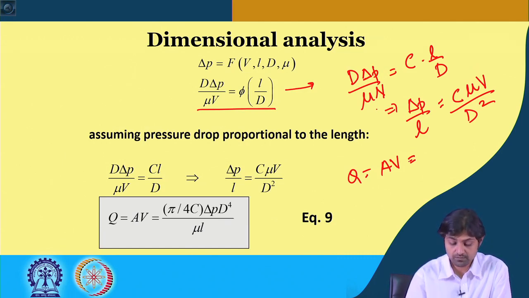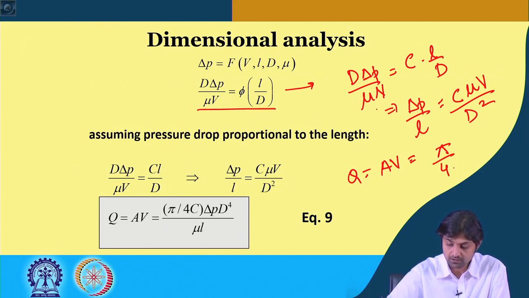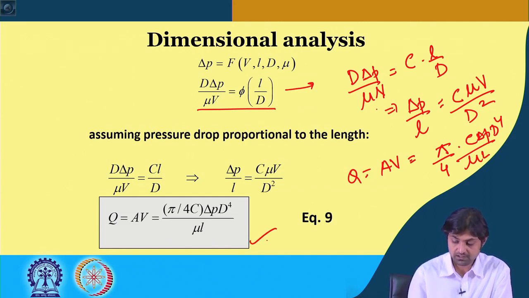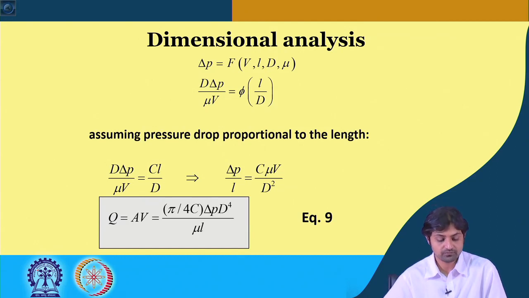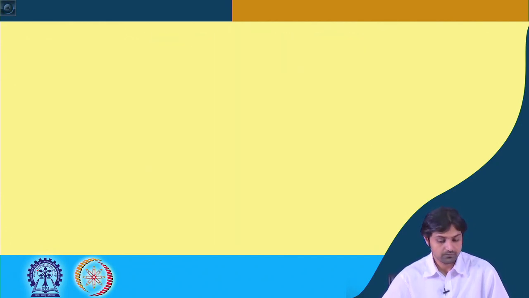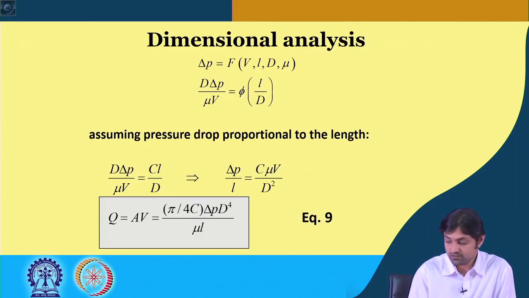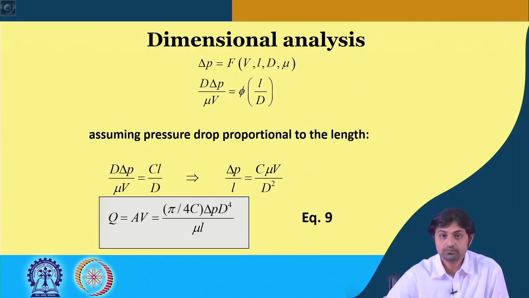So area is pi by 4 D square, therefore we will get pi by 4 into C delta p D to the power 4 by mu L as this equation. All right. Now you see there is some constant called C.